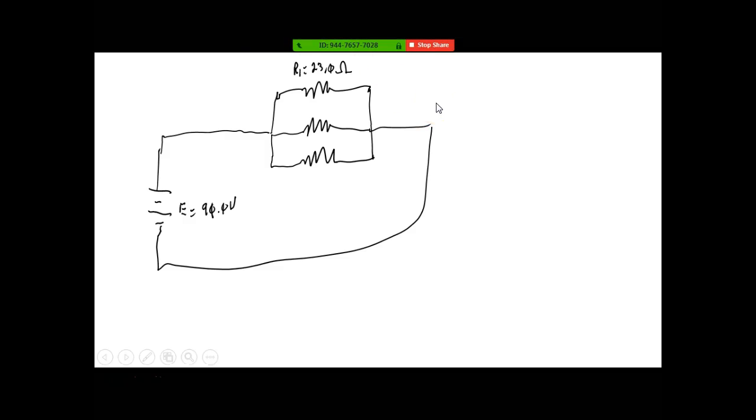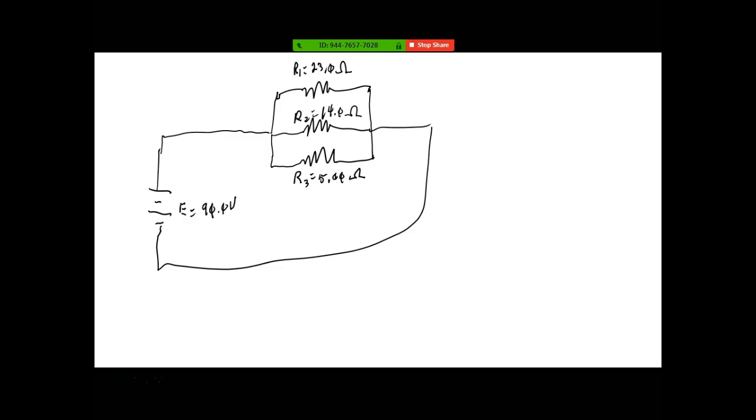All right. R2 down here in the middle, they give us 14.0 ohms. And R3 down here at the bottom, they've given to us as 5.00 ohms. Doing that just to make sure all of them have 3 significant digits. Okay. Now, one thing they didn't say here, what are we missing?